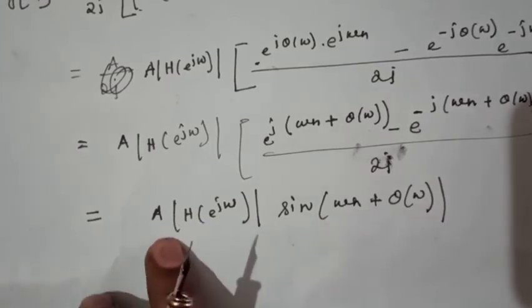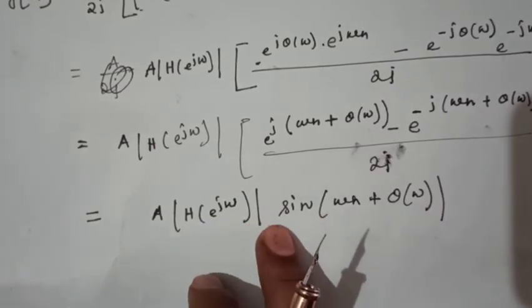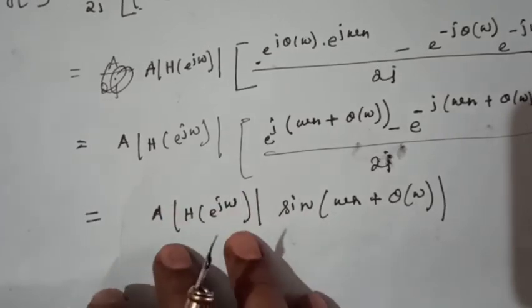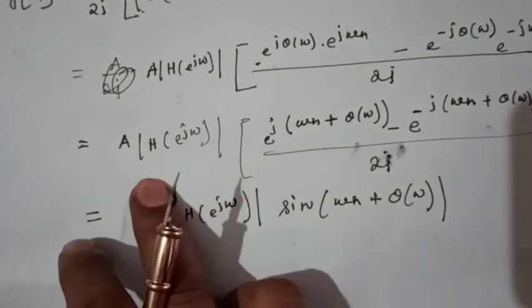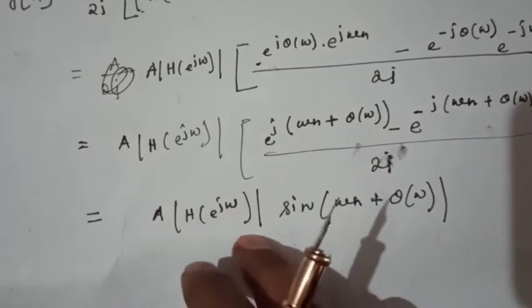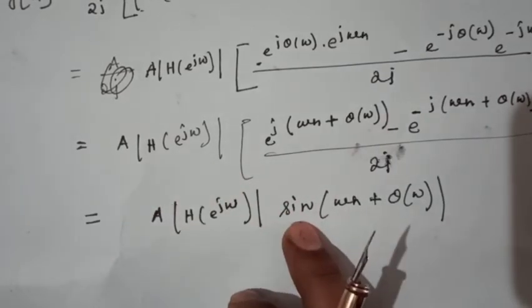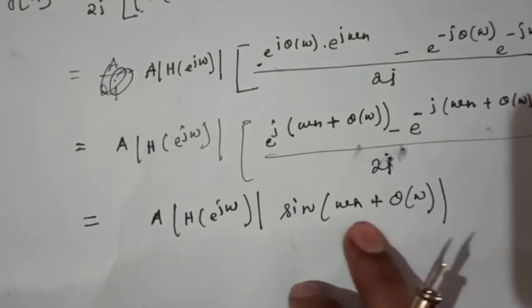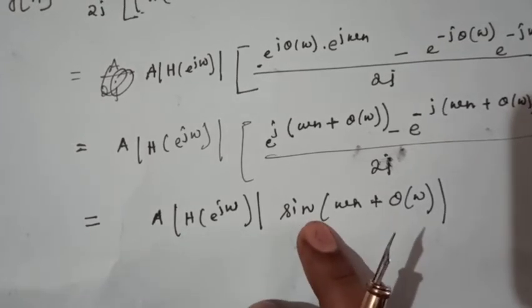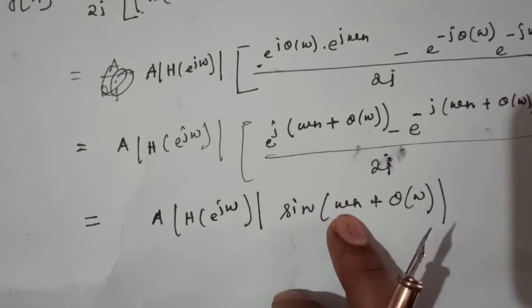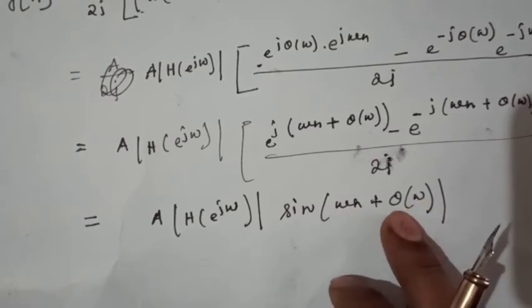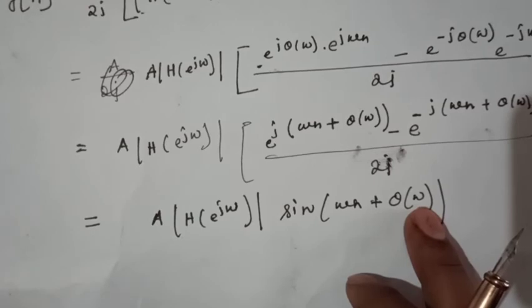And this part is just the magnitude, so it will be a constant. It is multiplied with this, so together they represent the amplitude of this sine. So the amplitude gets slightly modified, but more important is that it is the same sine of the same frequency omega, with the phase lagged by the phase angle theta omega.